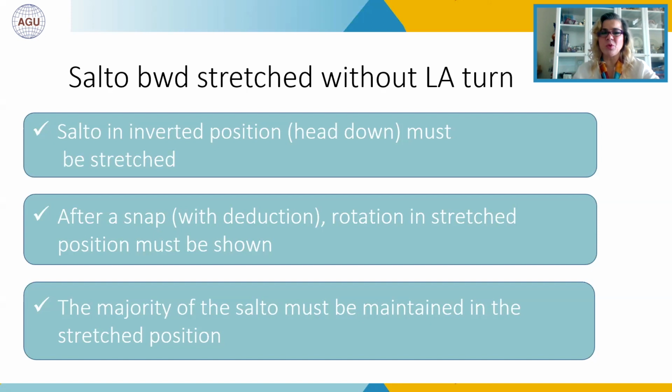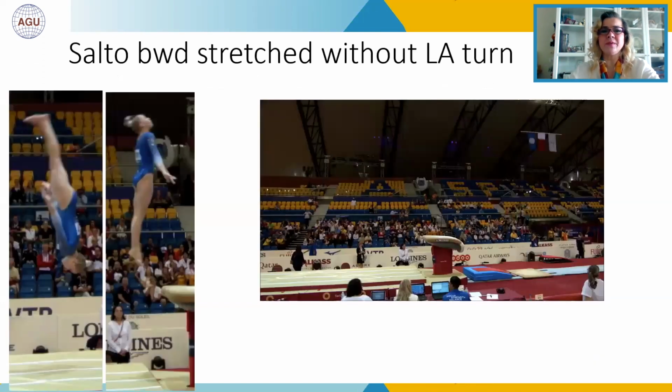So after a snap with deduction, rotation in stretched position must be shown. So if she used a snap, she has to show a straight position again. And criteria number 3, the majority of the salto must be maintained in the stretched position. So most of the salto must be in stretched position. 3 criteria, okay? Let's see some examples for the stretched salto here in the video.